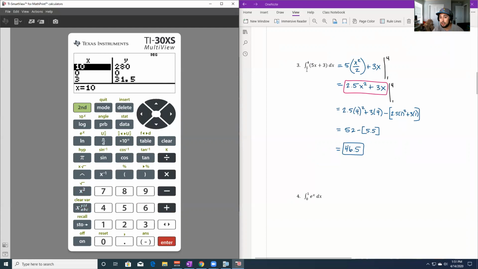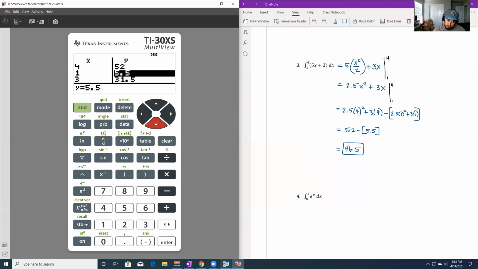And then I'm going to type in 4, which is the top of the interval. And look what I'm going to get, 52. Then I'm going to type in 1. Look what I'm going to get, 5.5. And all we have to do is do 52 minus 5.5, which gives me the 46.5. Okay, excellent. So that's how you do it.